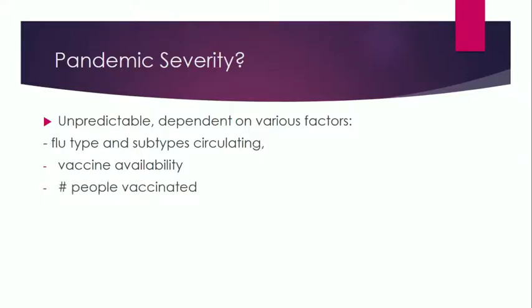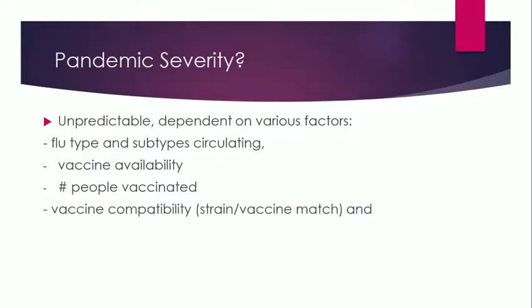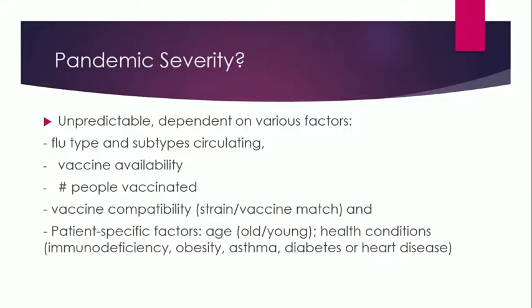But other than that, how many people are vaccinated? Because it won't help that we have so many million doses of vaccine and only 10% of the population are vaccinated. Then vaccine compatibility. How closely matched is this vaccine to what is circulating? And that can be a big problem. And that is what we find very often, that they are not compatible.